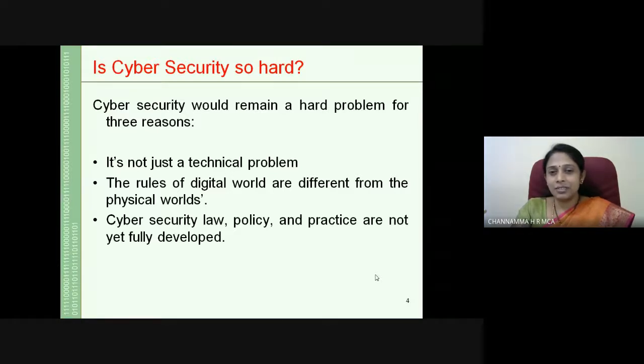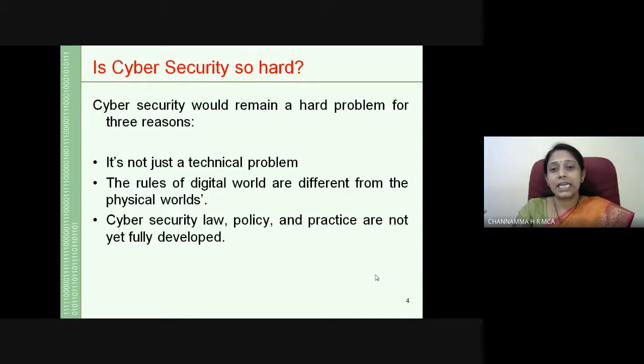And the second reason is that the rules of the digital world are different from the physical world. Yes, of course, we all agree with that. In the digital world, there is no boundary or border concept, right? Every police station has local jurisdiction, but here there is no international border, no national border, no state border, no local border, nothing.